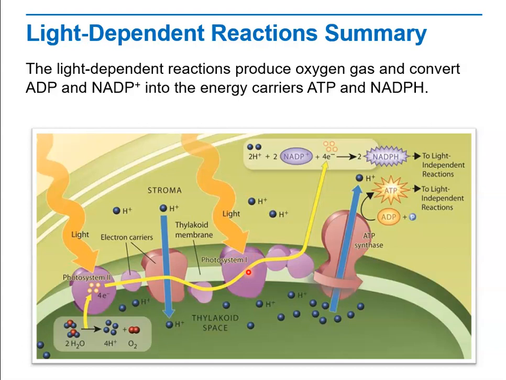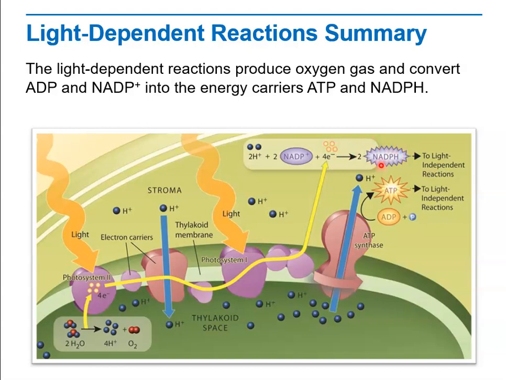Now we have 4 high energy electrons again that are carried to form NADPH from NADP plus. So 2 of those hydrogen ions are attached to 2 NADP plus molecules using the energy from those 4 high energy electrons to form NADPH.